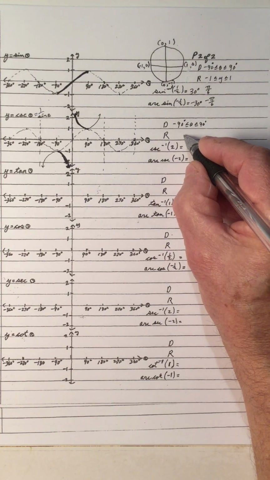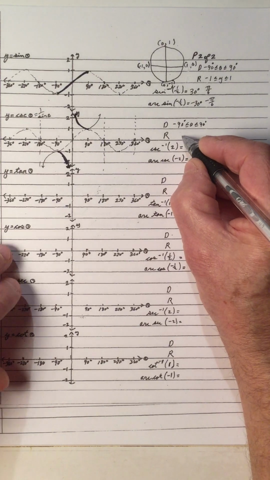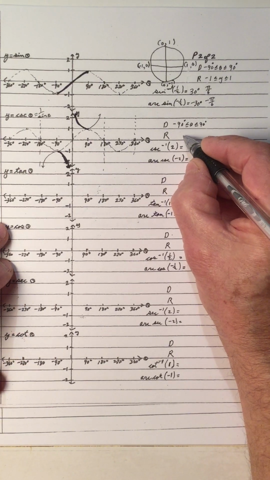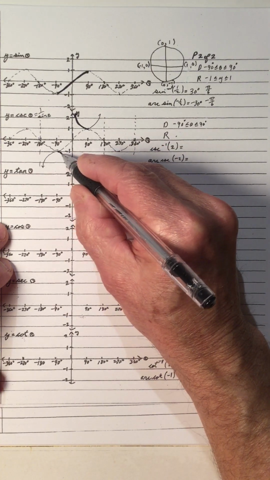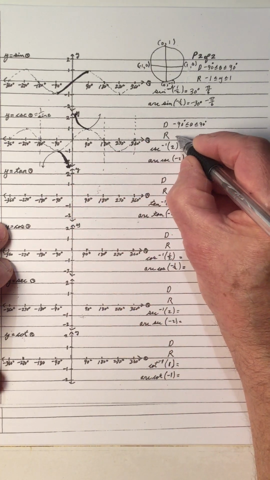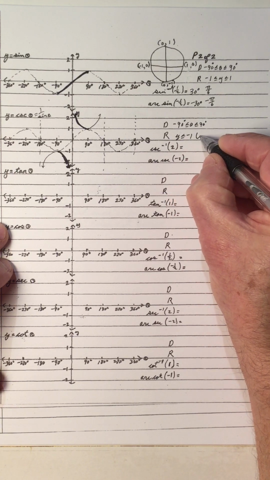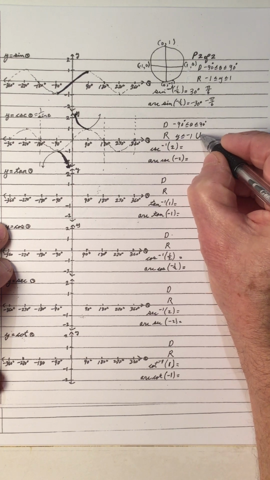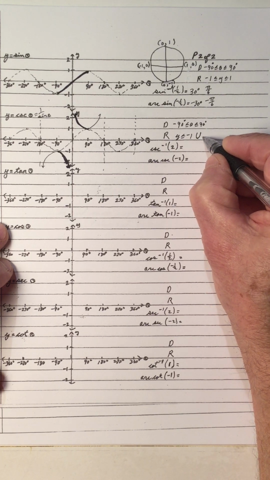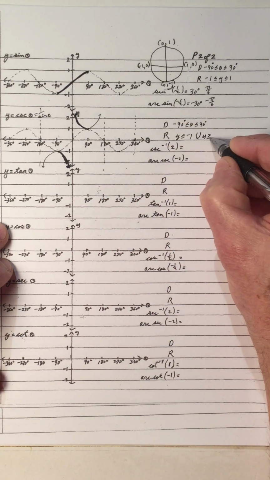And the range is starting at negative 1 and going down. So y is less than or equal to negative 1, union, the U in union, y greater than or equal to 1.